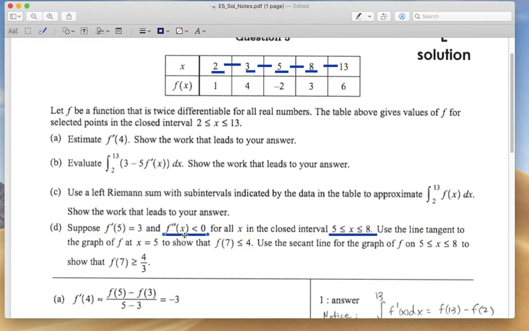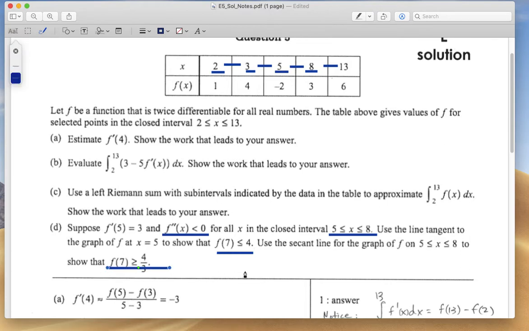Okay, so what does this mean? This means f is concave down between 5 and 8. Keep that in mind. Use the line tangent to the graph at x equals 5 to show, okay, I don't really understand that yet. Use the secant line to show that.